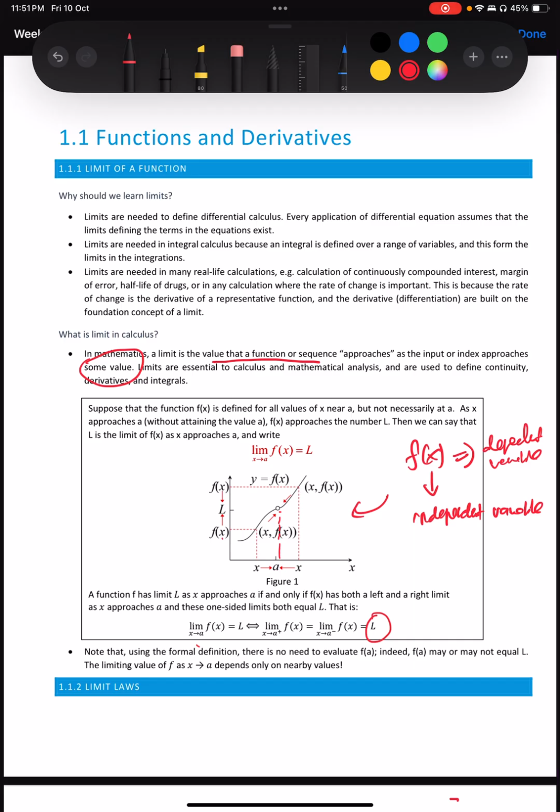So in this context, the limit exists when left and right limit exist, although at point x equal to a, the function does not exist. The function is undefined at f(a) here, but the limit exists from the left side and the right side. So we call the limit exists at the value of L.